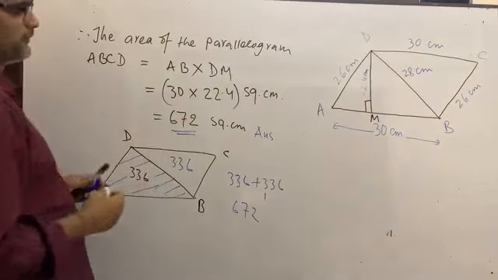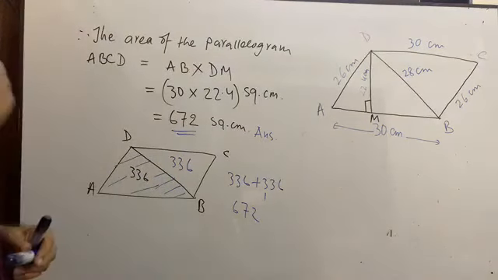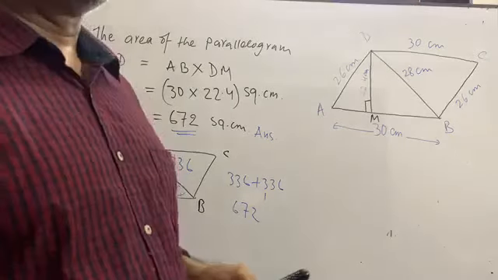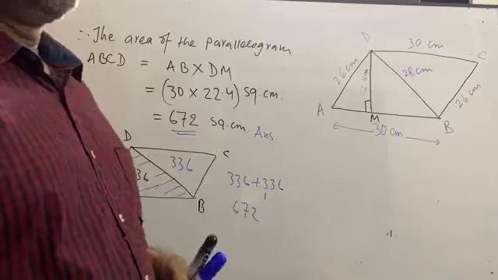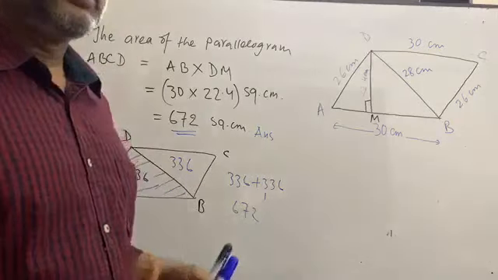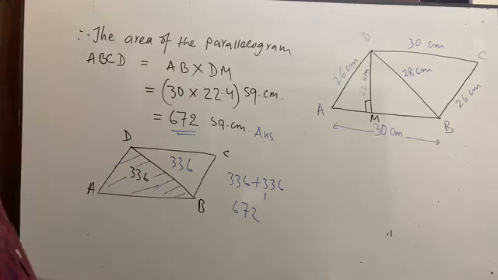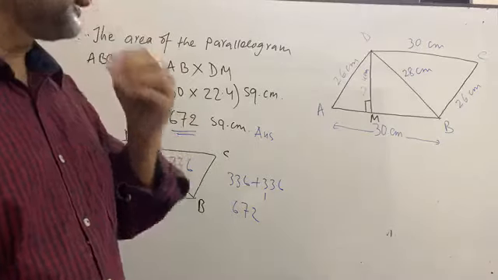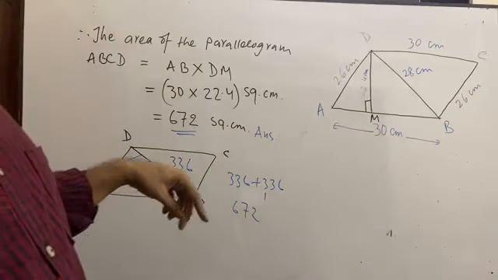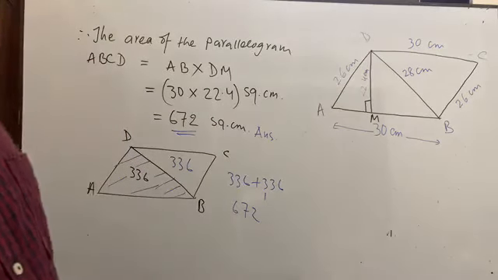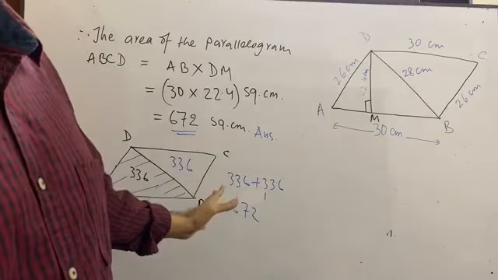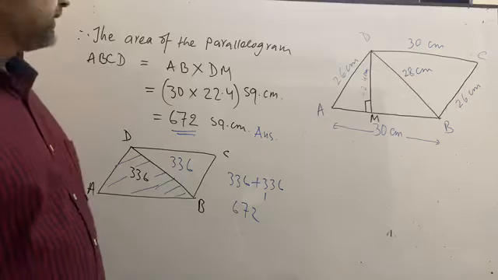The same answer. If any student wants, after determining 336, he can multiply by 2 and he will get the result as 672. I think you have got me.